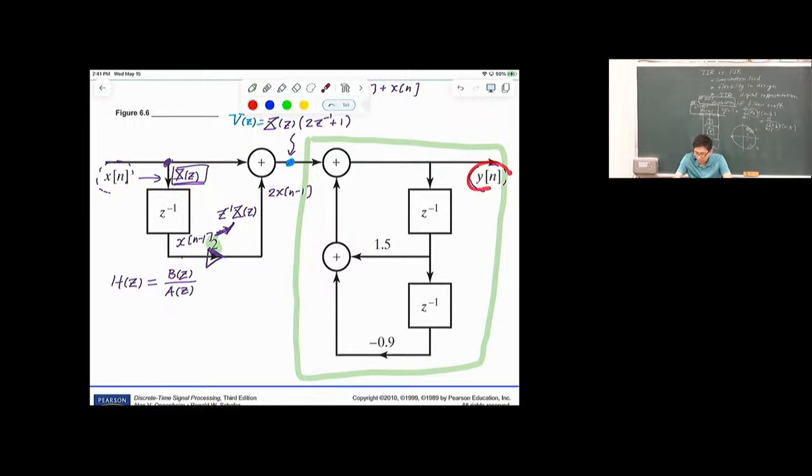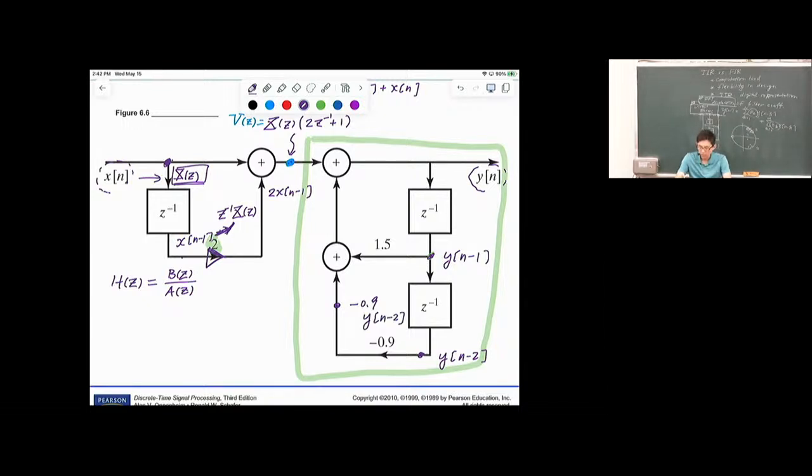If this is y, then right here, what do we have? We have y of n minus 1, right? And right here, we have y of n minus 2, right? And right here, we have y of n minus 2 multiplied by minus 0.9. And so on.